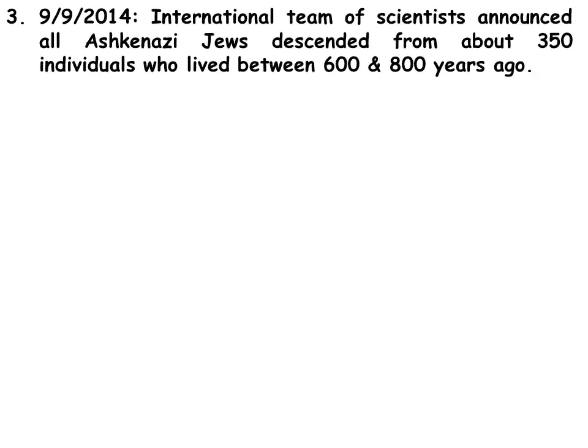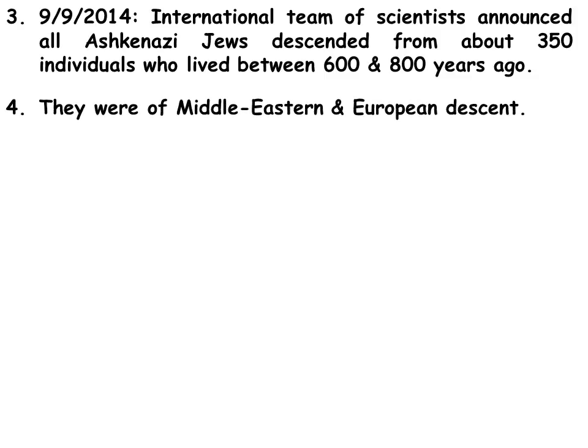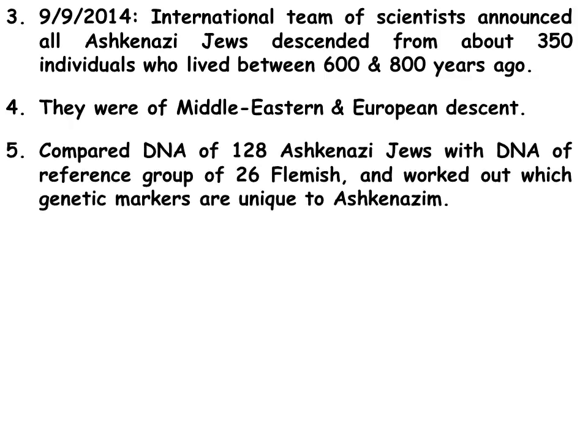Well, it was just recently, last September, that an international team of scientists announced that all Ashkenazi Jews descended from about 350 individuals, only 350 of them, who lived between 600 and 800 years ago. That's amazing. They were obviously of Middle Eastern and European descent.